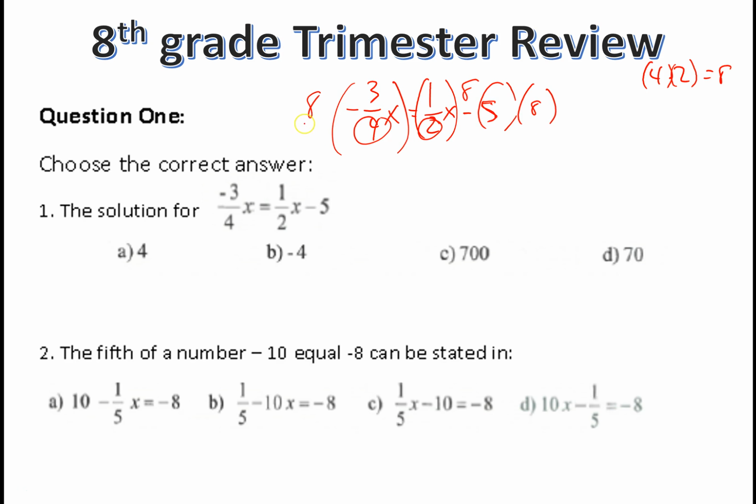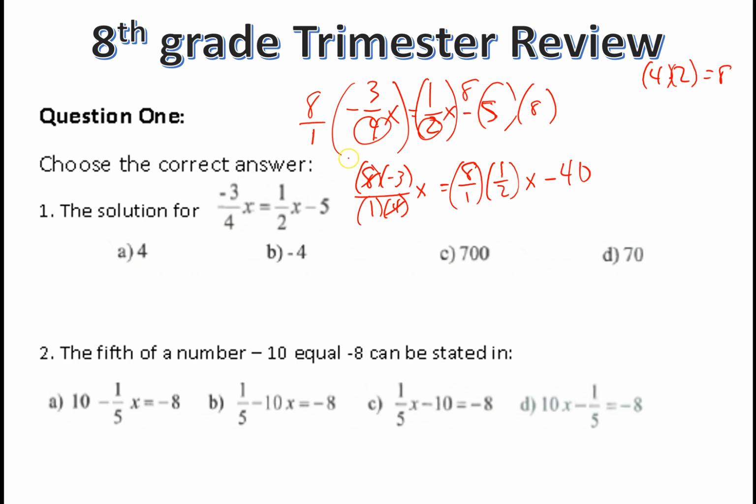Why? Because if I multiply this times 8, same thing as 8 divided by 1. I'm going to have 8 times negative 3, 1 times 4x equals 8 over 1 times 1/2 x minus 4 times 8 times 5 gives me 40.